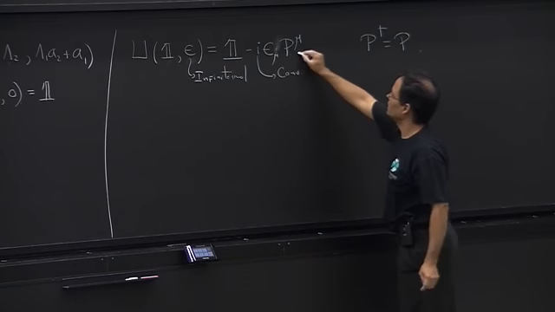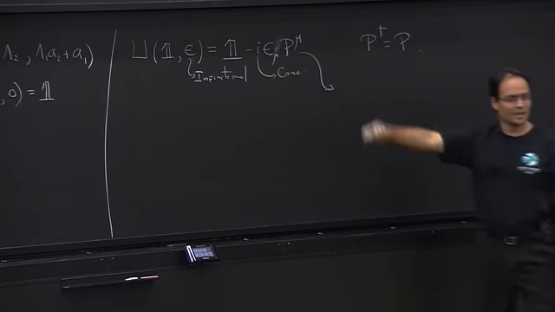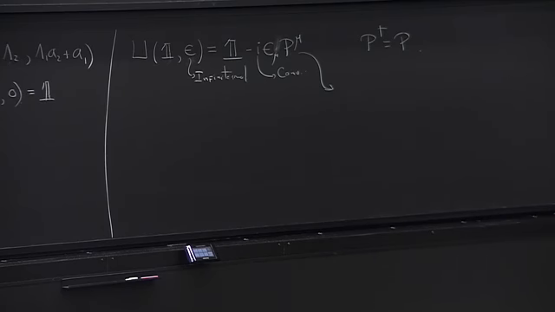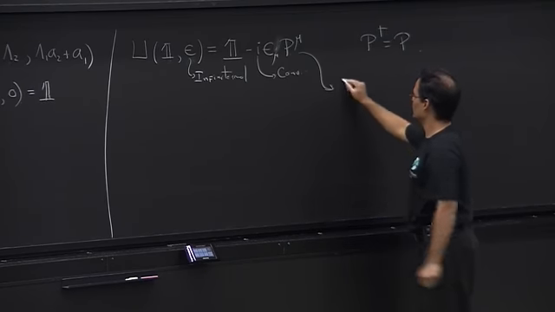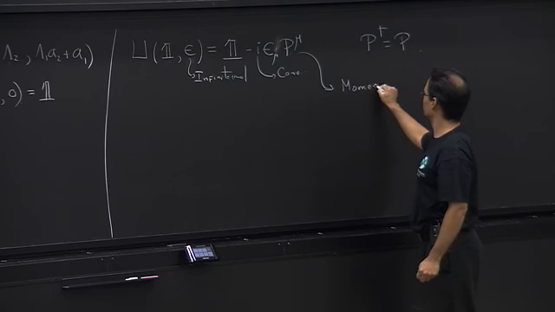Now, we're not going to do it here, but by studying the full set of elements, okay, in the Poincaré group, we can conclude that this has the interpretation of the momentum operator.